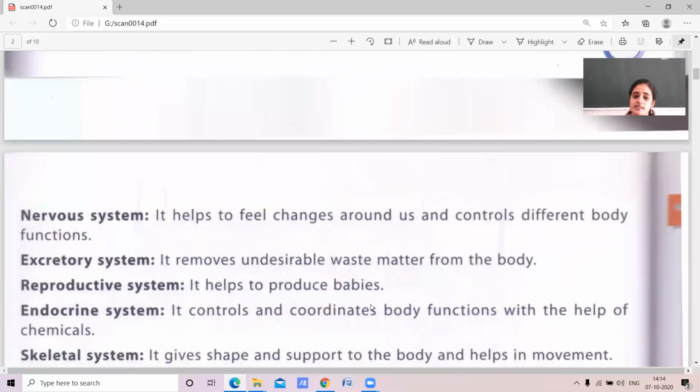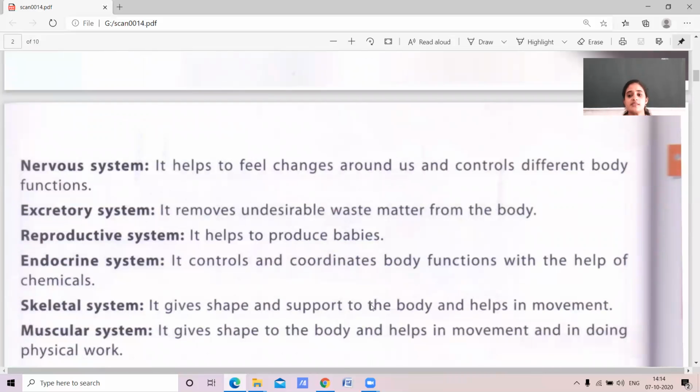Come to the next system, that is the nervous system. Yes, it helps to feel changes around us. Yes, children. Whatever changes are present in your surroundings are felt by the system called the nervous system.